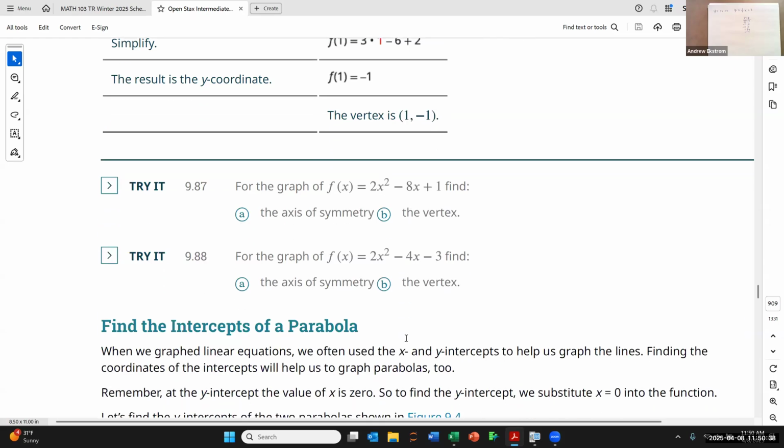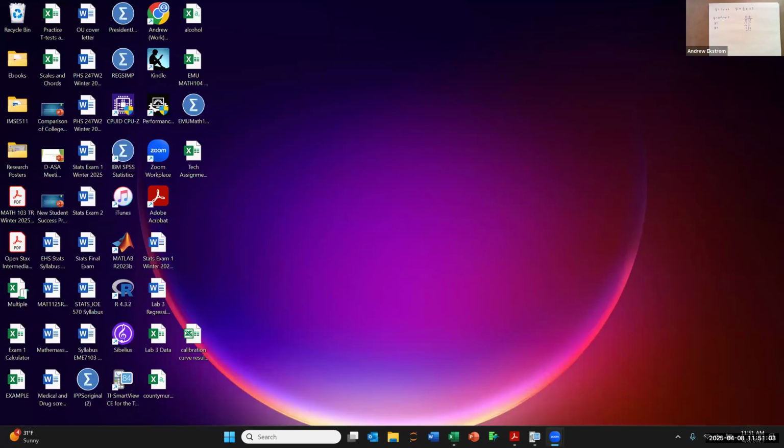So if we're looking at 988, we've got y equals 2x squared minus 4x minus 3. We want to figure out what x is equal to. We need to figure out what y is equal to. So let's try to do that.